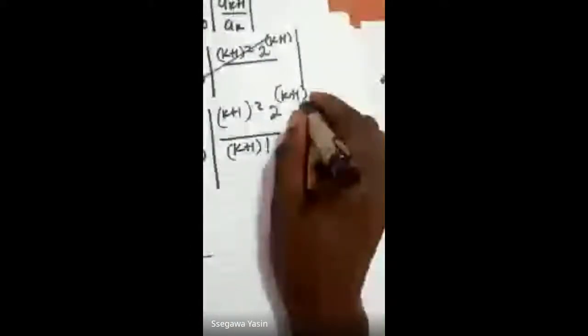We divide this with the other, k squared 2 power k over k factorial. Hope you can see it. I'm just dividing them, no problem. Look at it critically before I continue.